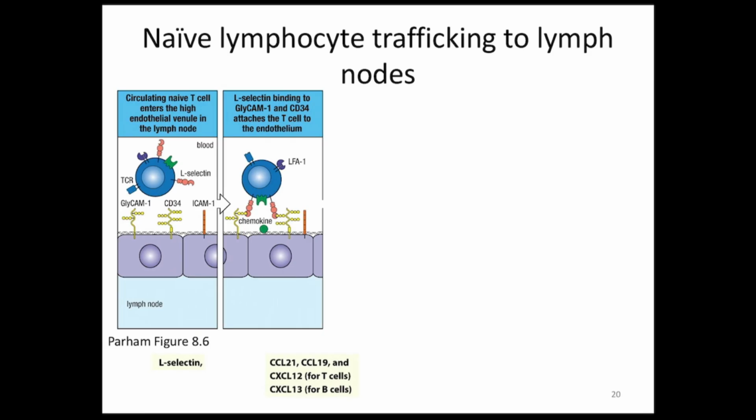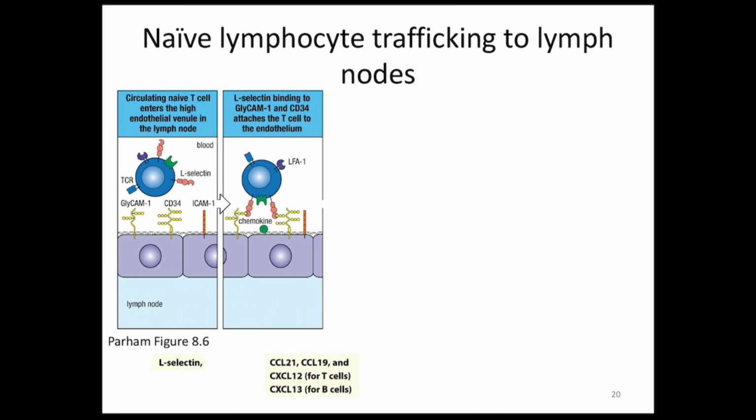CCR7 will bind to the chemokines CCL21 and CCL19. So again, this is how our naive T cell is like, okay, I'm a naive T cell, I have CCR7 on my surface. The HEV is like, I always want naive T cells, I'm always going to make CCL19 and 21. So we're always going to have this kind of interaction happening.